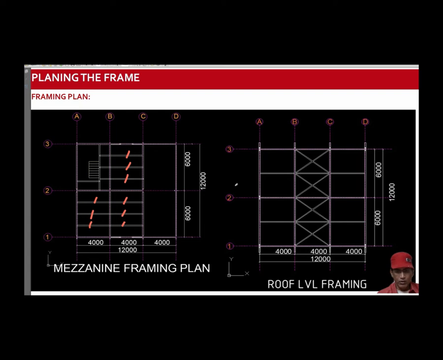The drawing on the right hand side shows the framing plan at the roof level. The roof contains concentric bracings at roof level. These are the concentric bracings. In PEB structures, mostly rod bracings are provided, but rod bracings are not able to carry axial compression, so they must be specified as tension only members in STAAD Pro.